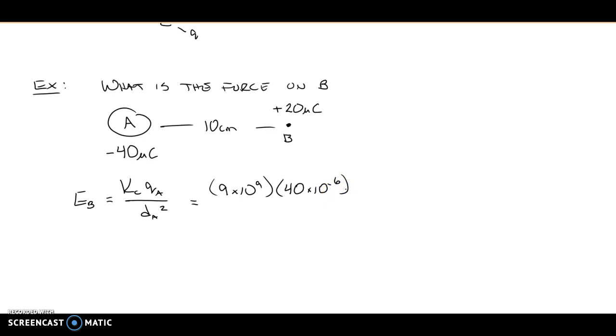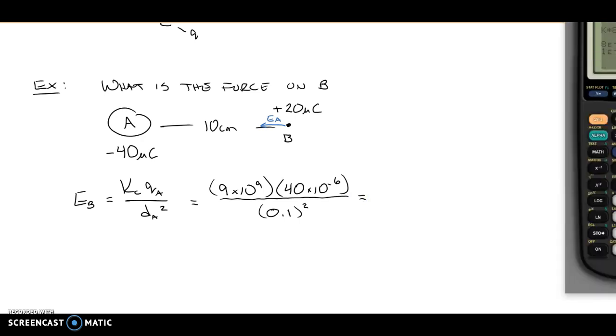Now, I left the negative out because if you look at your picture, A should attract B. There's the field of A, which is to the left. If A was positive, it would repel B. So I'm just going to leave it out and let my picture handle that. And the distance between them is 10 centimeters, or 0.1 meters, squared.